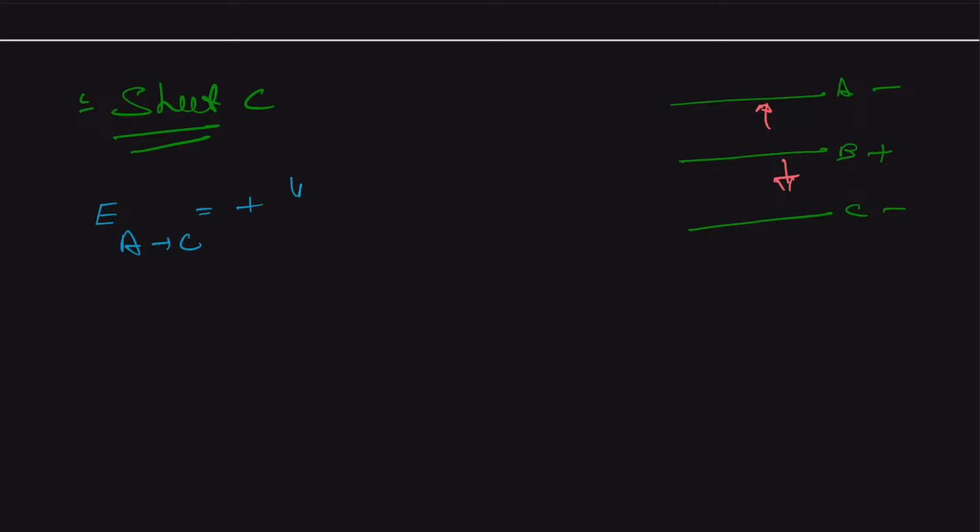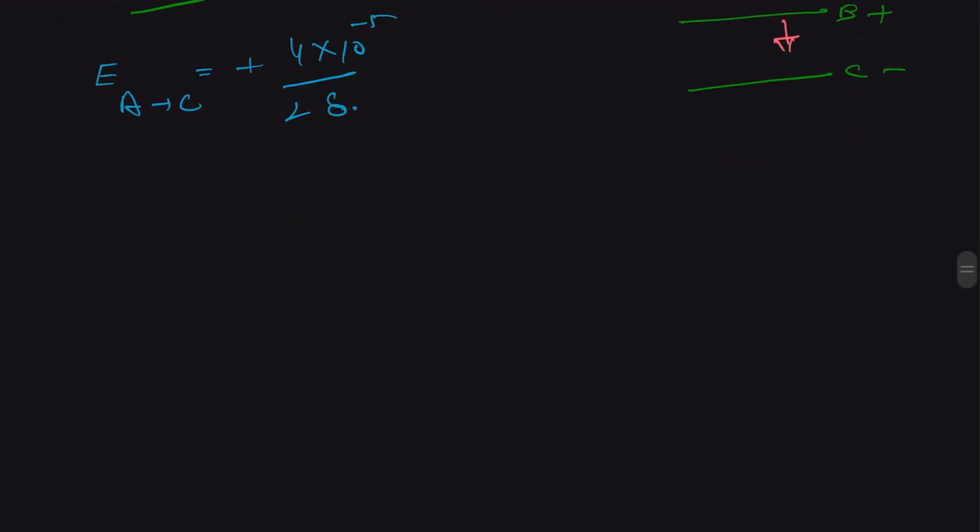So this is plus 10 to the power minus 5 upon 2 epsilon naught, and direction will be upward. Similarly, electric field because of B on C will be equal to minus 7 into 10 to the power minus 5 upon 2 epsilon naught.